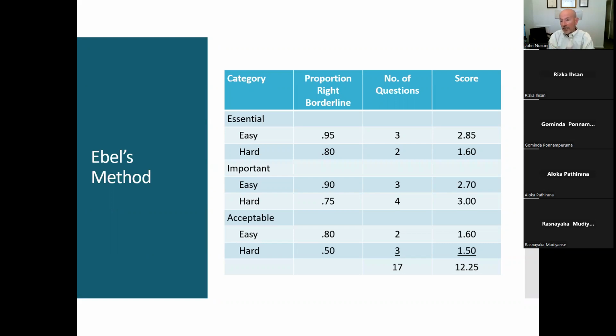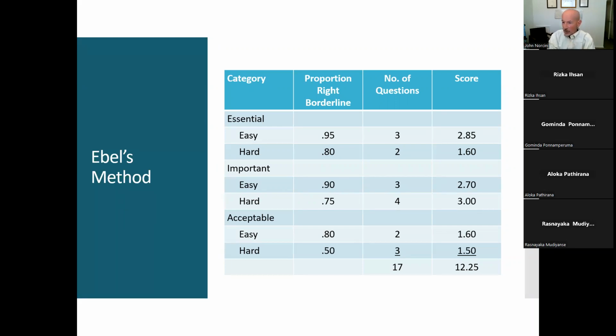But they'd only be getting 80% of the essential but hard items right, and so on down the line. So when it got down to the items that were acceptable, they thought that the borderline group would get 80% of the easy items right, 50% of the hard items.